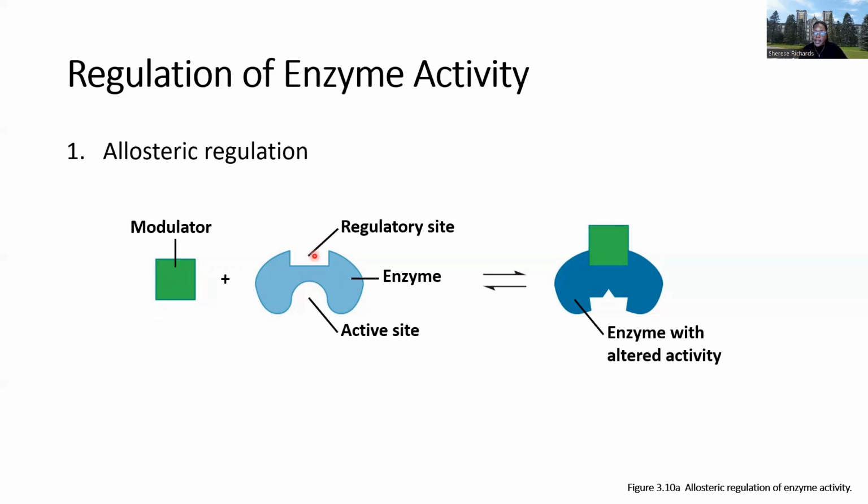The regulatory site is the spot where this modulator can bind, and just by binding, it will alter the enzyme's activity. Notice that there is also an additional site, the active site, which will bind the substrate or product, and that will actually catalyze the reaction. But the second site, the regulatory site, binds another molecule that will help to regulate the enzyme and change its activity.